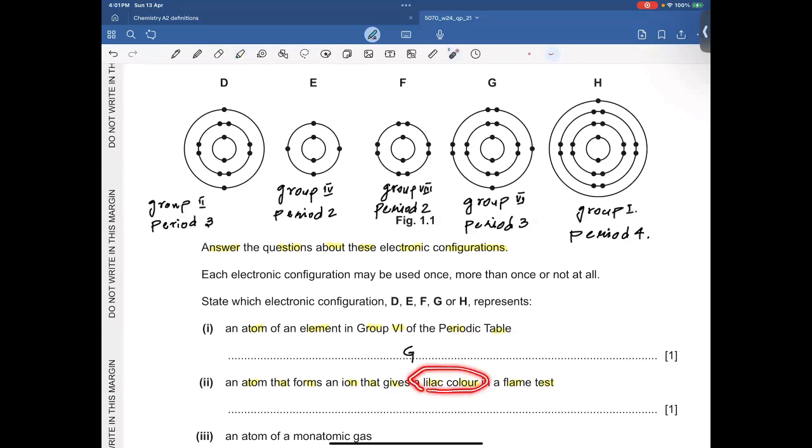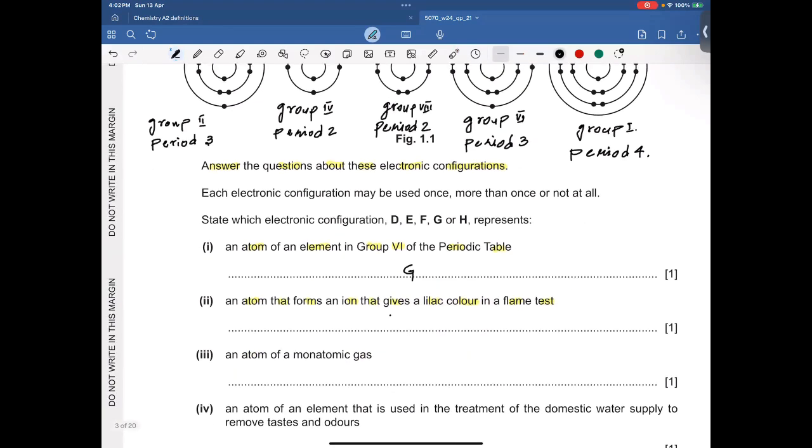Lilac color means potassium, and potassium is found in group 1 of the periodic table, and H belongs to group 1, which means it must be H here. Remember that this lilac color shows potassium, and potassium is found in group 1 of the periodic table. Okay.